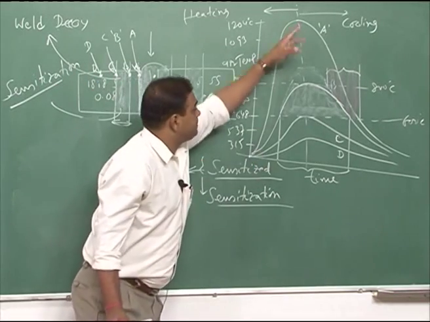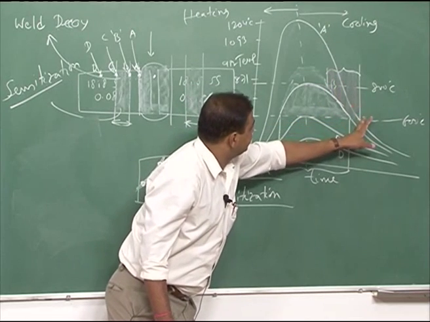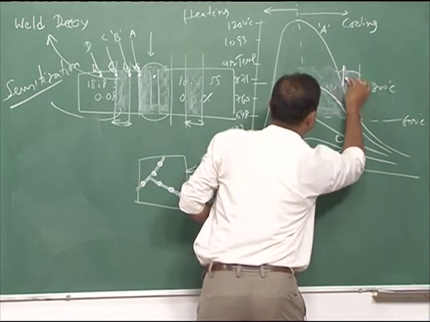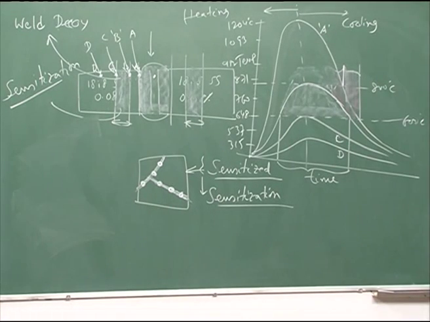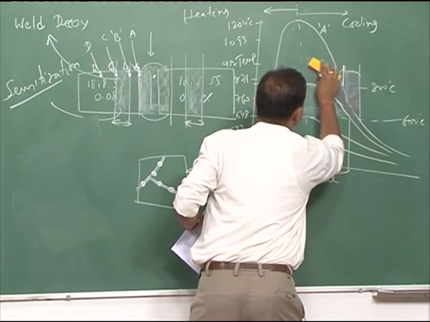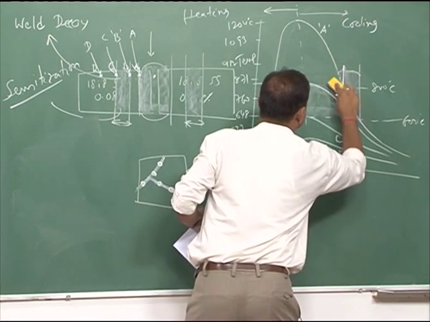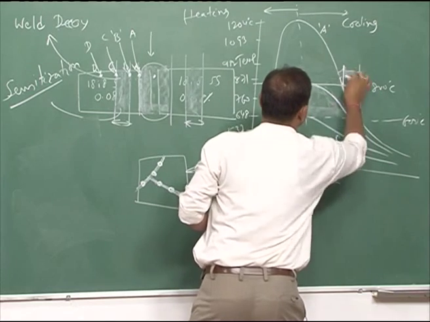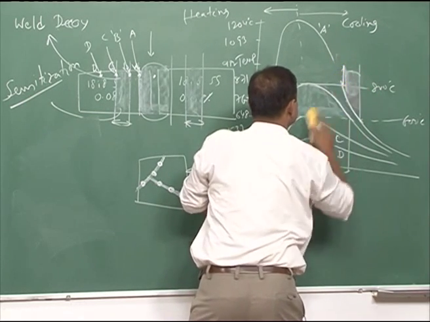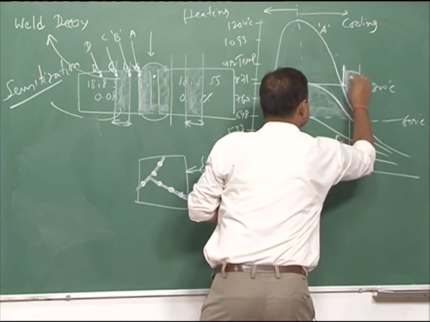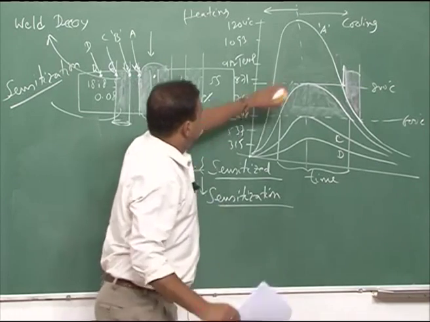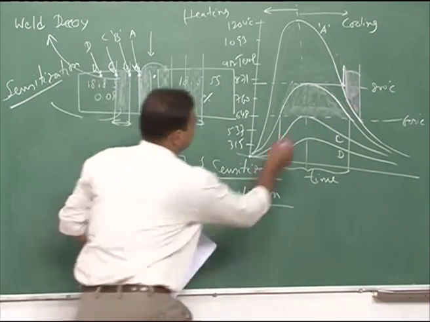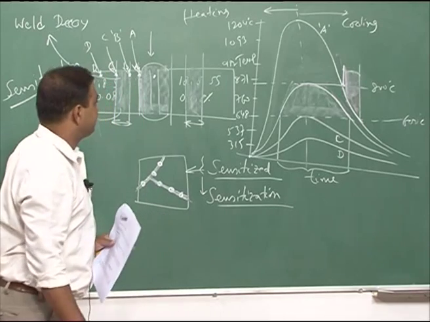But in case of A, this much would be the time where the A point is existing in the sensitized temperature zone, and this is a very short time. In that temperature zone, we will not have any chromium carbide precipitation.